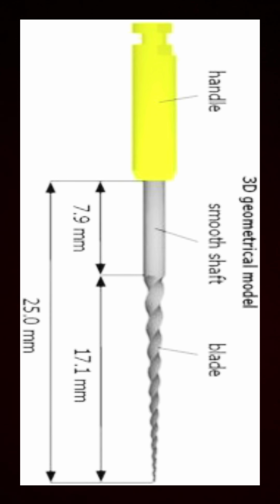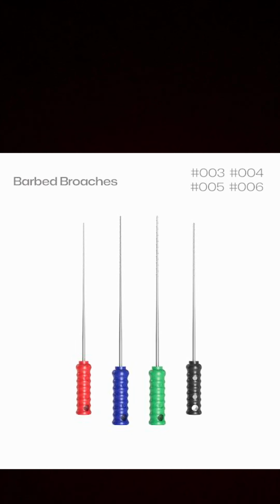Broaches were originally recommended to be used in the straight part of the root canals and are not inserted into the root canal until the canal has been enlarged throughout up to a size number 20 or 25 reamer or file. This precaution prevents accidental breakage of the broaches inside the canal.